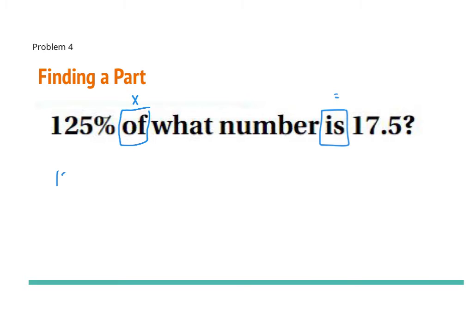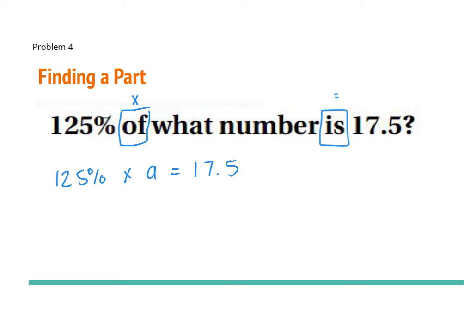So 125% of is going to change into times. What number? We can just put any number. So you can have it be a variable. Let's make it P. Or in this case, if we're finding a part, let's make it A, equals 17.5, because the is is the equal sign, okay?